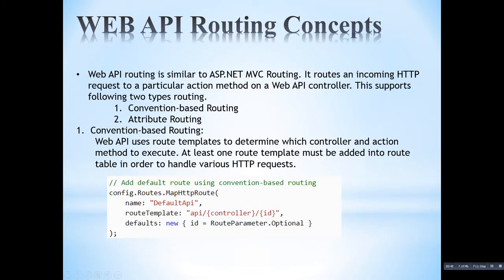In convention based routing, we define the properties in the Web API config file, giving a routing template, a name and defaults, and this is a method where we pass all these parameters, and it adds all these properties to the routing table.